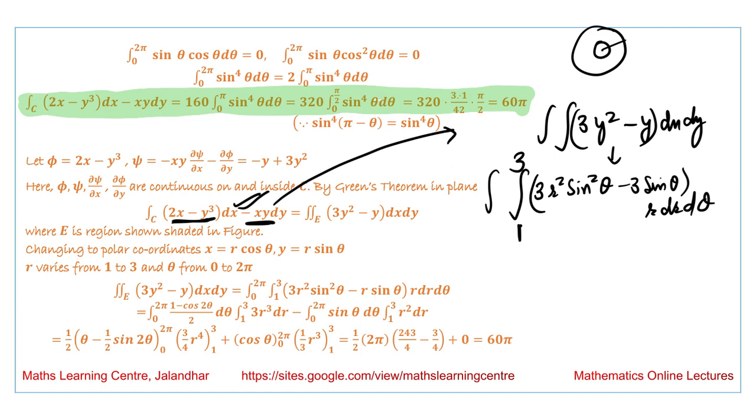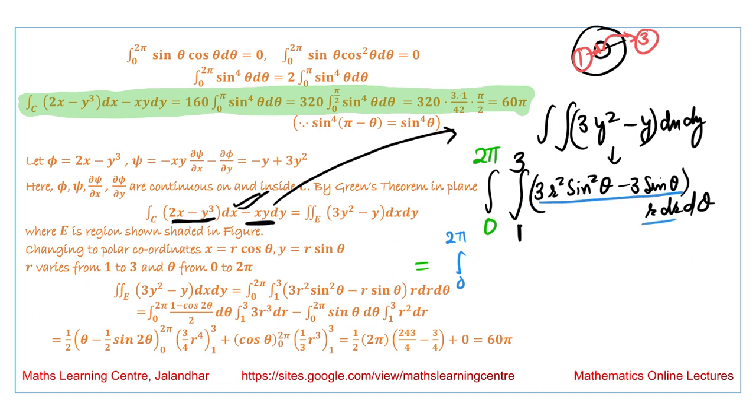The inner radius is 1, the outer radius is 3, and theta varies from 0 to 2 pi. Now if we solve this integral, look at these values over here.